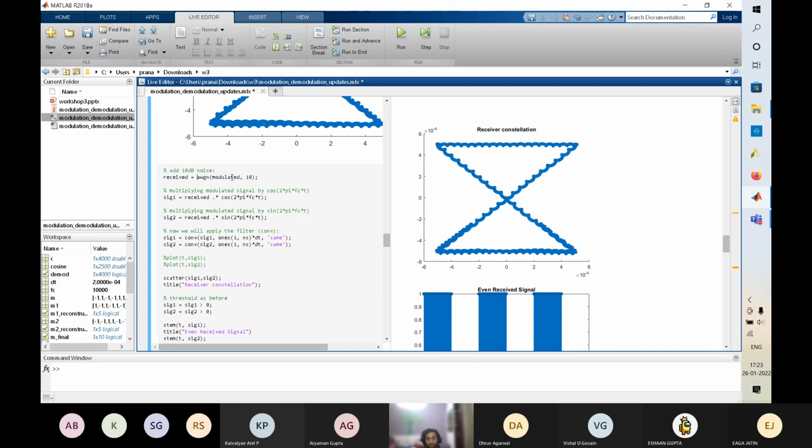For the received signal, we add the noise to the modulated signal. Then to retrieve the signals, we again multiply sine and cosine with the received signal.